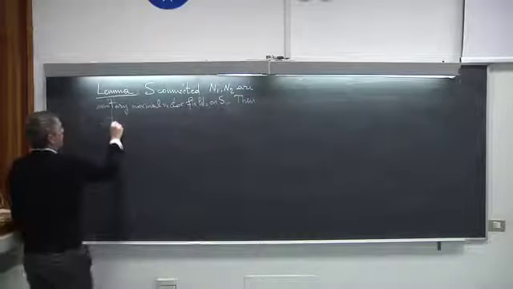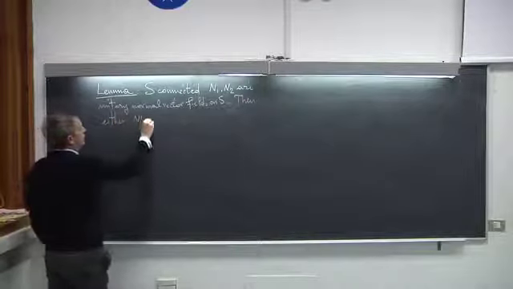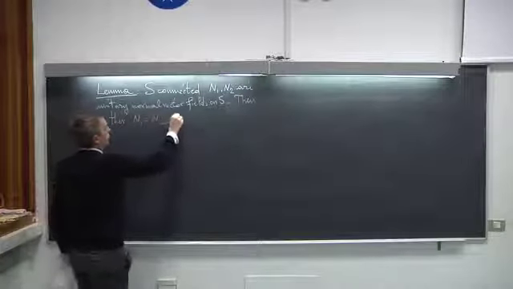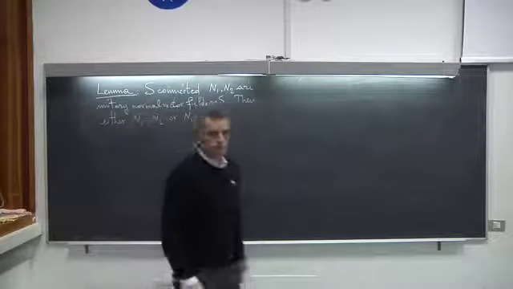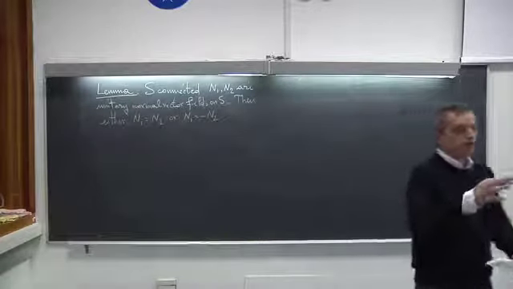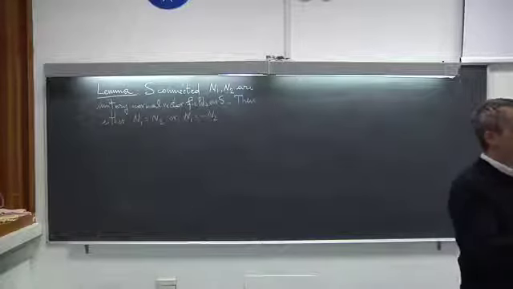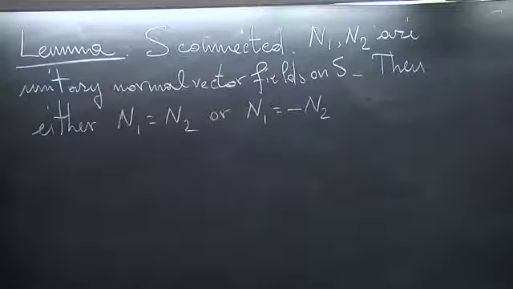Either N1 is equal to N2 or N1 is equal to minus N2. Okay, this is the intuitive situation. So it is certainly true at one point. Now the point is it's true on the whole surface.